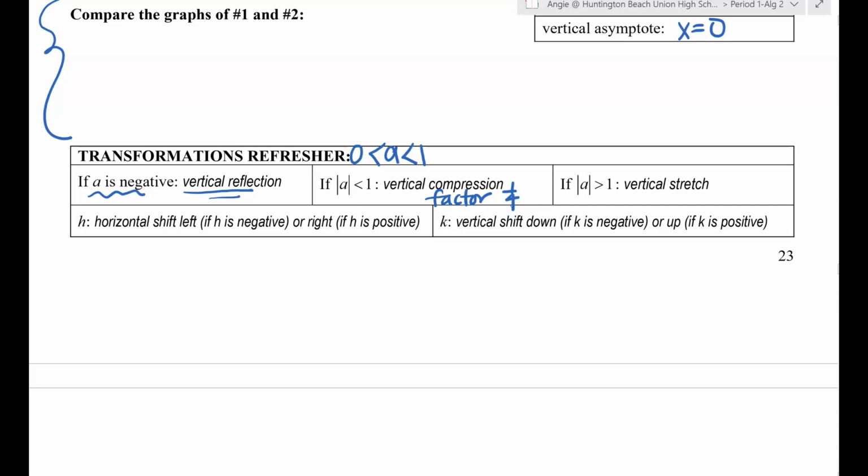If a is bigger than 1, such as 1.5, 2, or 3.5, then that's a vertical stretch by a factor of whatever that is. For example, if a equals 5, then it's a factor of 5. Again, h is left or right depending on whether it's positive or negative. Same thing with k: up or down, depending on whether it's positive or negative.